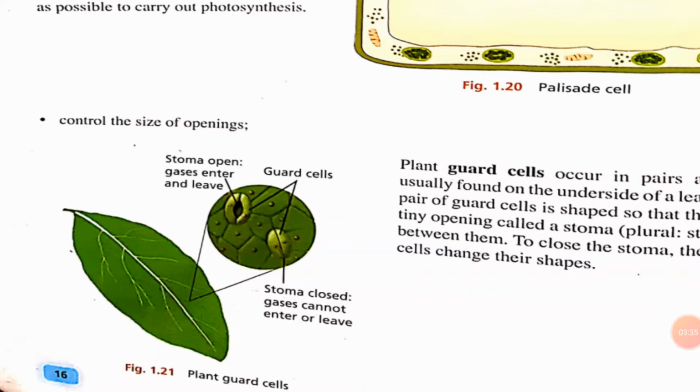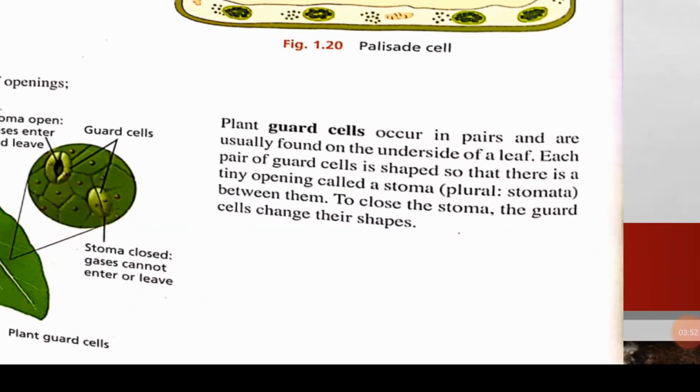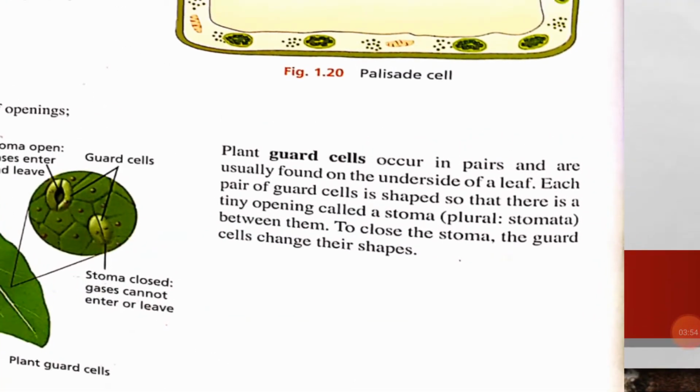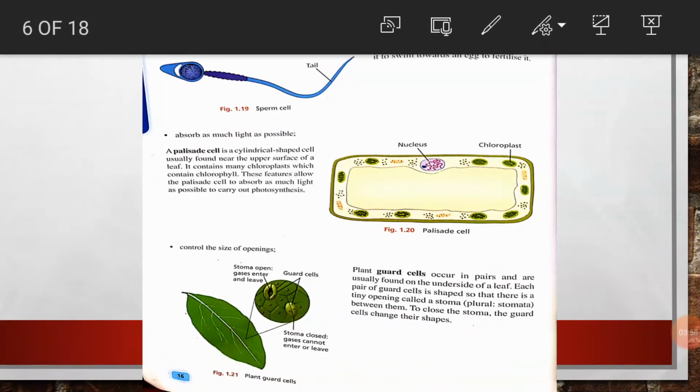Look at this one. The stoma is given here in this diagram, and these stomata open and close for exchanging the gases between the leaf and the environment. To close the stoma, the guard cells change their shape.